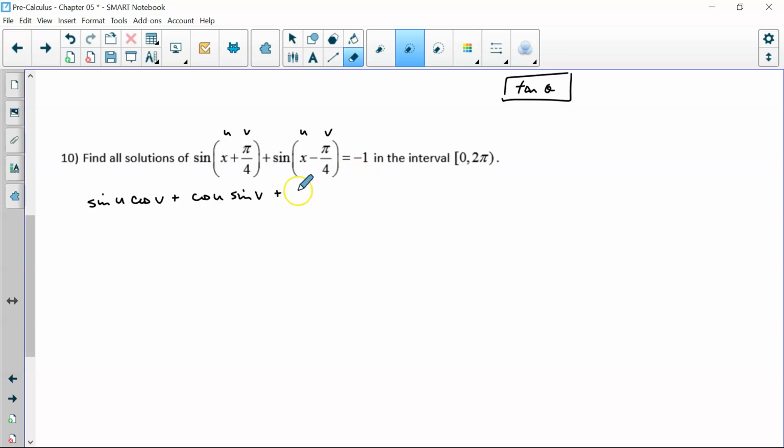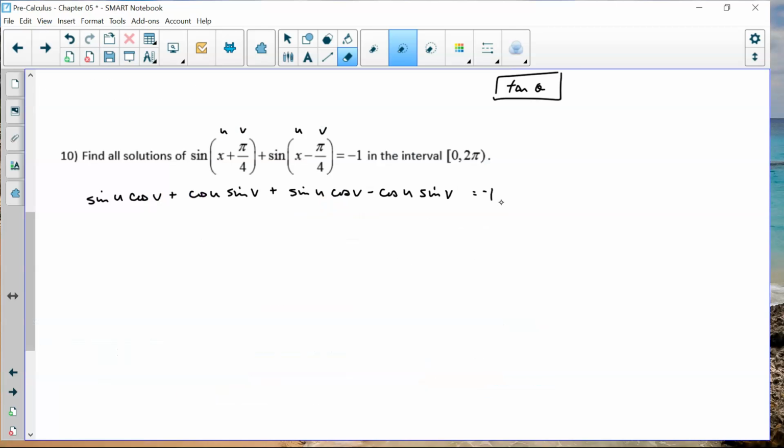Now that gives us the sine of u cosine of v minus the cosine of u times the sine of v equals negative 1.